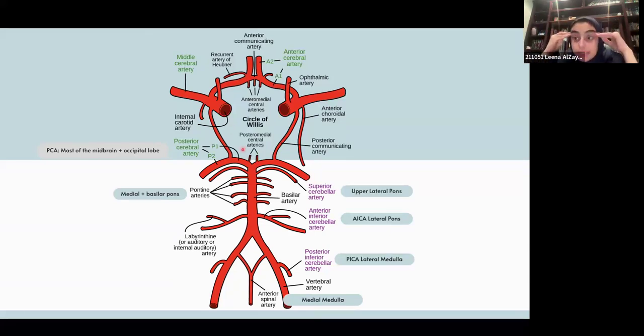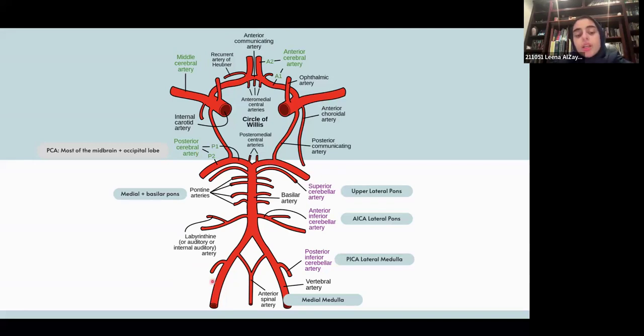And when it reaches the level where it's in the brain, it gives the posterior cerebral artery, and also the posterior communicating artery. Then the internal carotid artery comes into play and turns into the middle cerebral artery. It also gives the anterior cerebral artery and the anterior communicating artery, creating the circle of Willis.